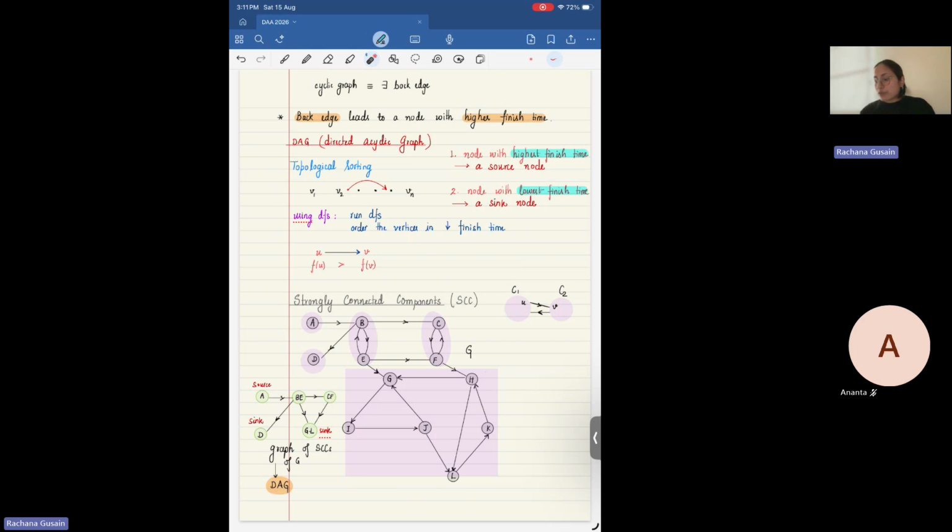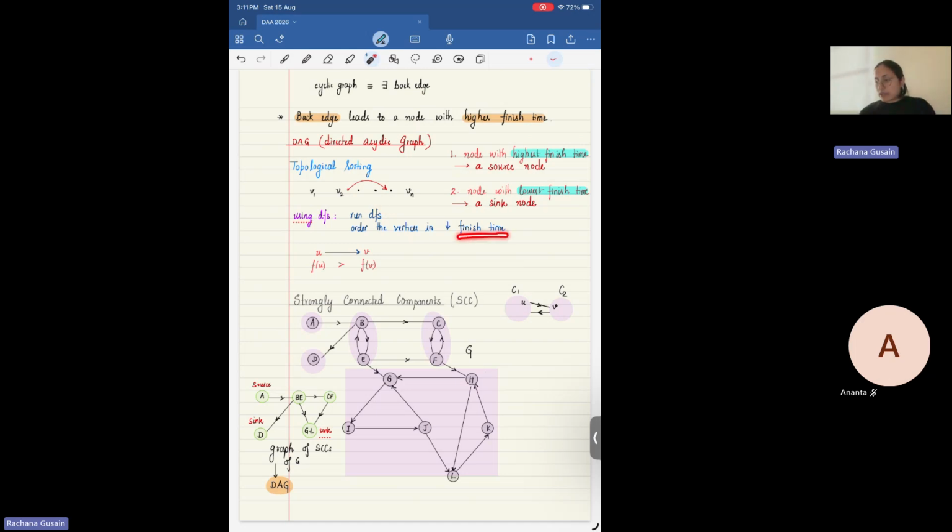So one way of finding this kind of linear ordering, which we call topological ordering, is using DFS. So what you do is, you are given your directed acyclic graph, run DFS on that graph. Now, when I run DFS, I'll assign start and finish number to every vertex, right?